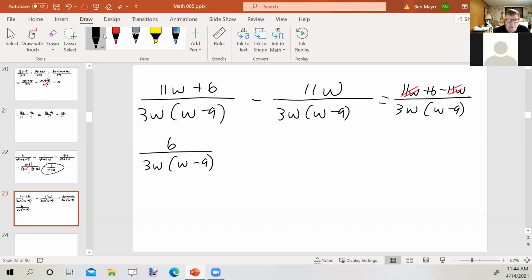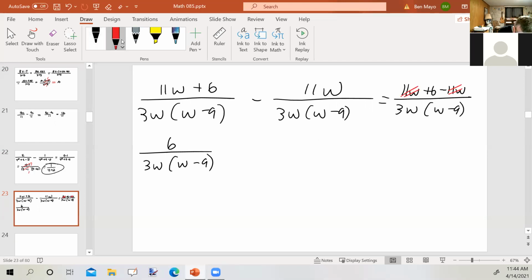In the denominator, the 3 is a factor of the entire denominator, because 3 is being multiplied by everything. That first w is also a factor of the entire denominator. But the w inside the parentheses by itself, or the minus 9 by itself, those are not factors of the entire denominator, but the quantity w minus 9 is a factor.